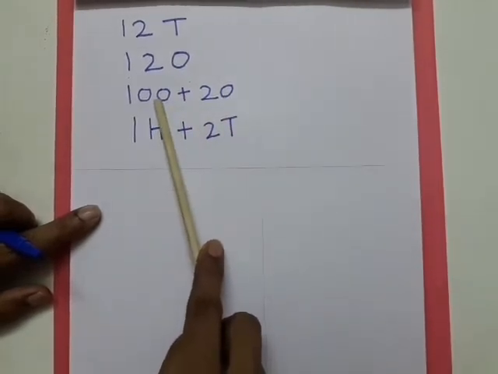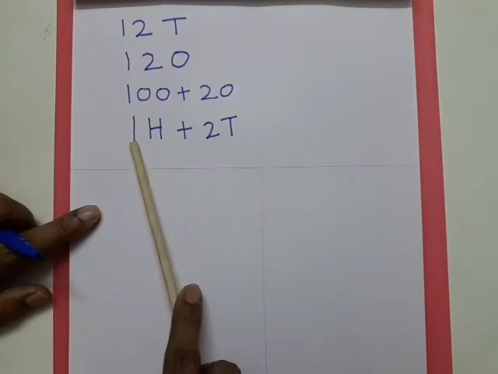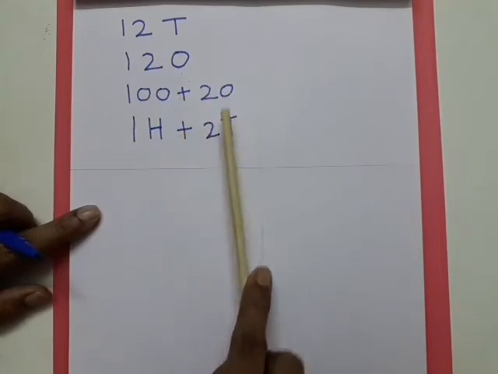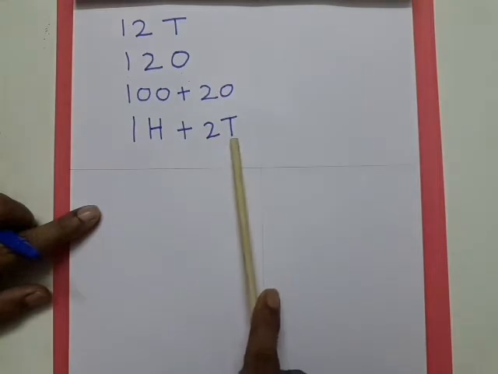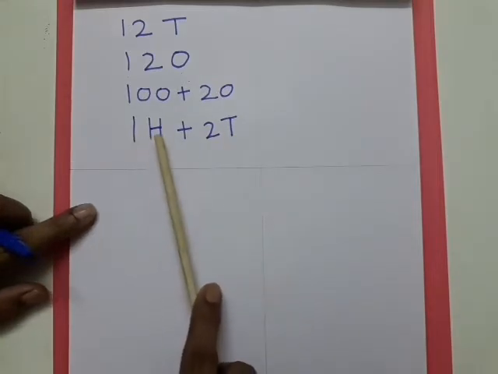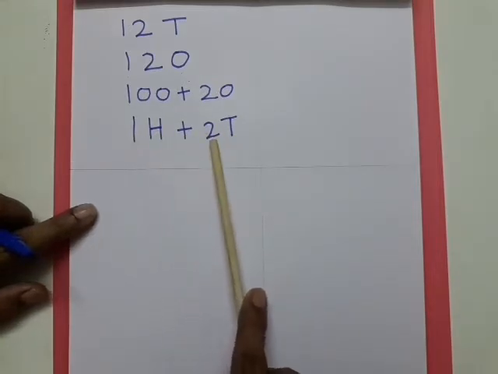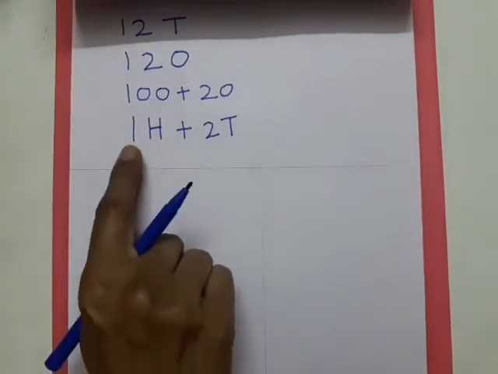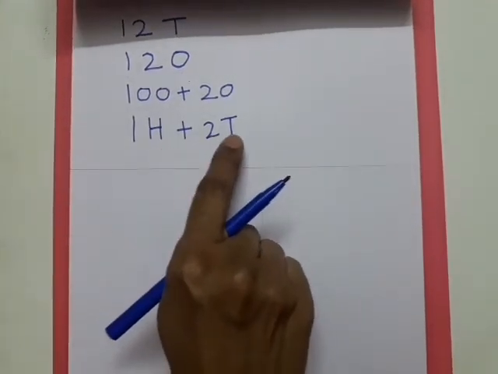Now 100, we also write it as 1 H plus 20 means 2 tens. So now we got 1 H plus 2 T. Okay, so now see how we are going to write this 1 H plus 2 T.